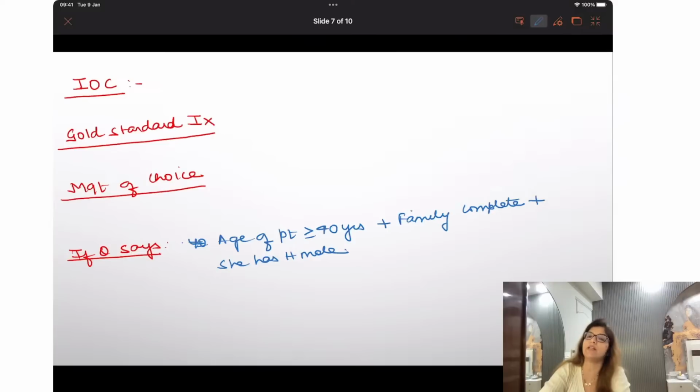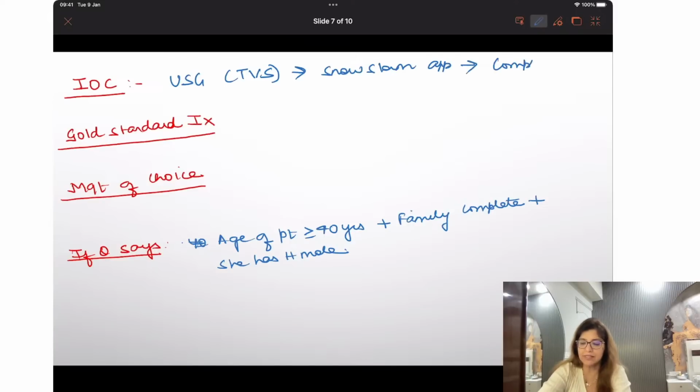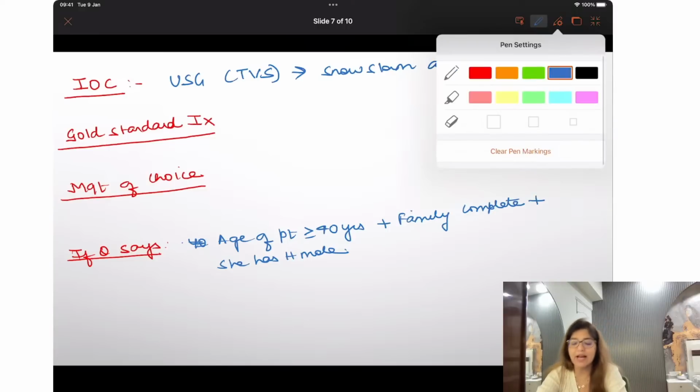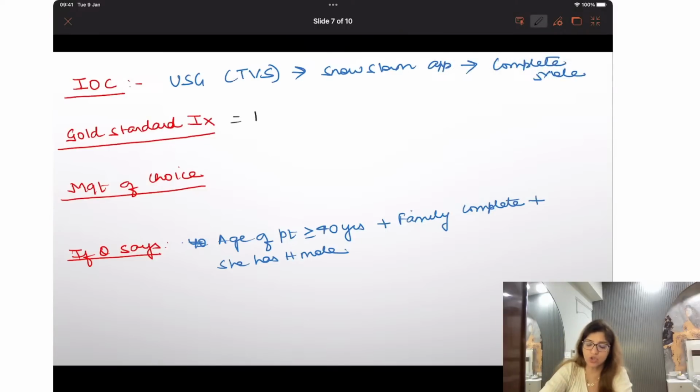Investigation of choice in molar pregnancy is ultrasound, that is TVS. And just now I told you on TVS you will get a snowstorm appearance. Snowstorm appearance is typically seen in complete mole, right? Gold standard investigation is histopathological examination, जो कि हम करेंगे after you have done the management. So what is the management of choice? Suction evacuation.